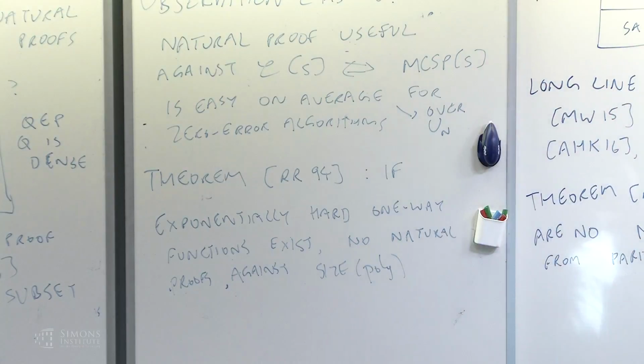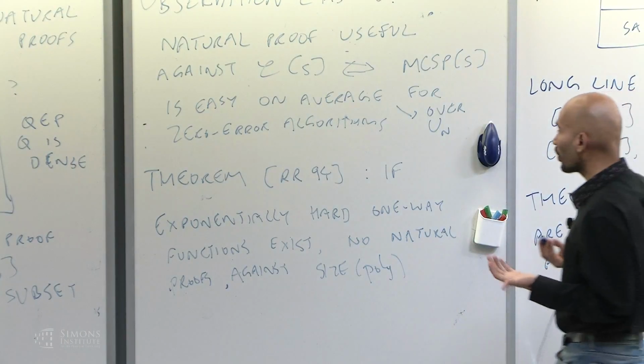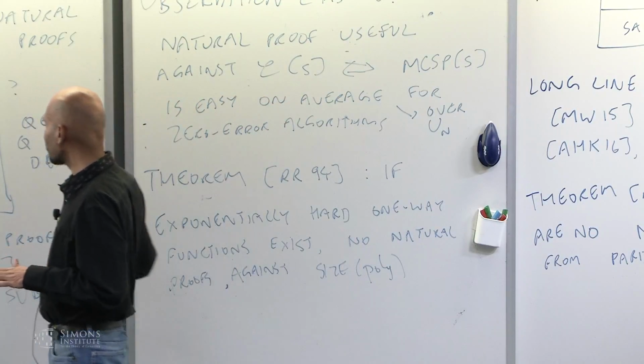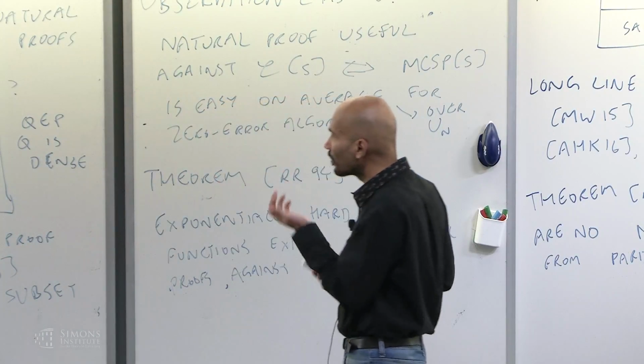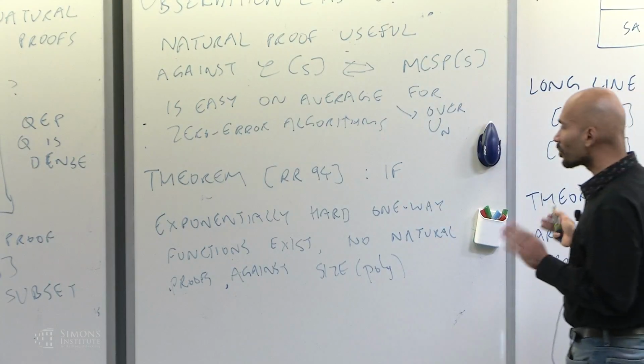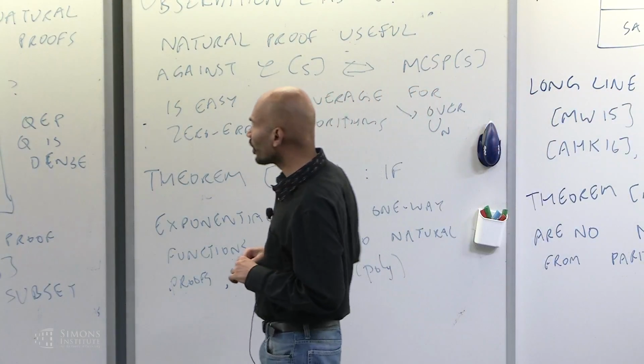So under a standard cryptographic assumption about one-way functions that are very hard, there are no natural proofs that are useful against polynomial sized circuits. And in our terminology, it just means that MCSP is hard on average, right? So this cryptographic assumption implies that MCSP is hard on average.